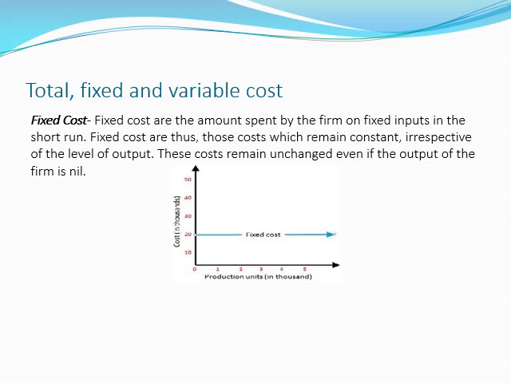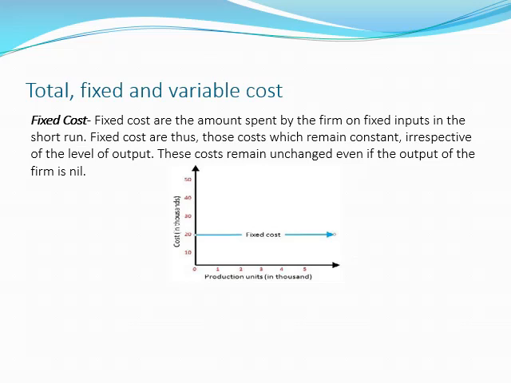Thus here we are talking, once we classify cost in three forms: total, fixed and variable, that means we are talking about cost in the short-run period, the function of cost in the short-run period. So the cost is classified as the cost in the short-run period and in the long-run period.